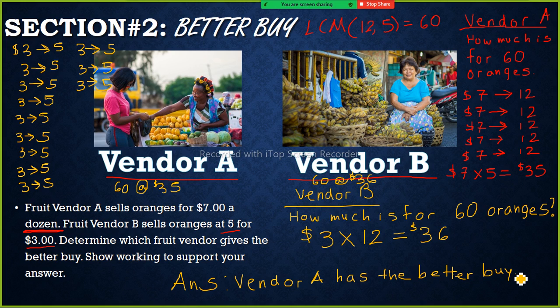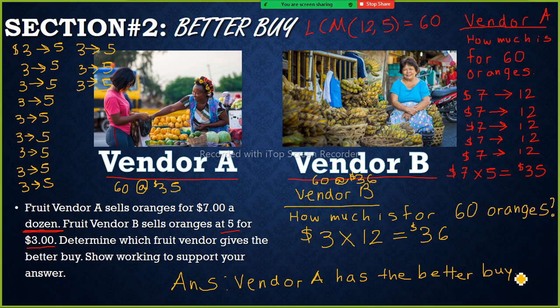That's the only way you can compare them, because it seems kind of different. I mean, who would think that there's only essentially a $1 difference when it comes to 60? So for questions like these, you find an equal quantity, and then you compare them based on that equal amount.